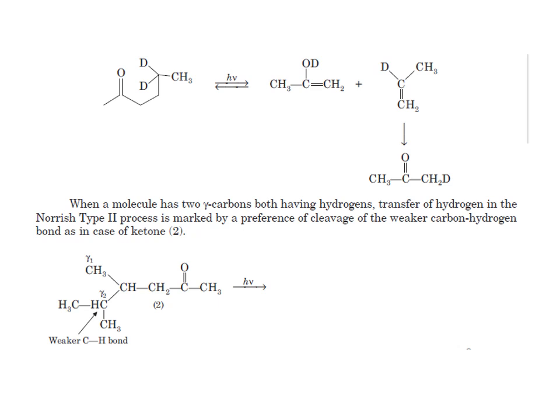This is actually weaker, and if the hydrogen moves from there, it will produce the most stable radical compared to the primary radical CH2. That's why the gamma carbon always prefers the weaker CH bond, where we can get the most stabilized radical also. So this intramolecular hydrogen abstraction is not possible if the gamma carbon has no hydrogen atom.